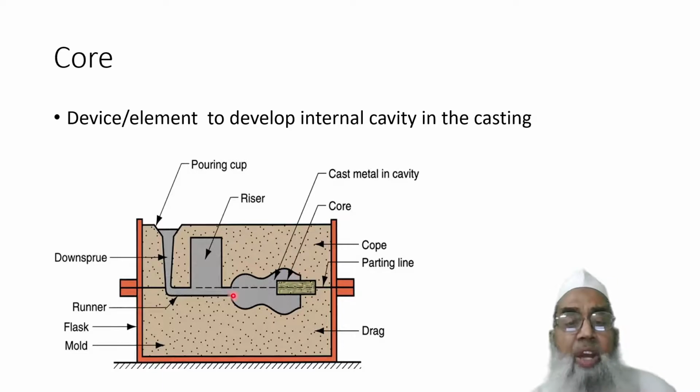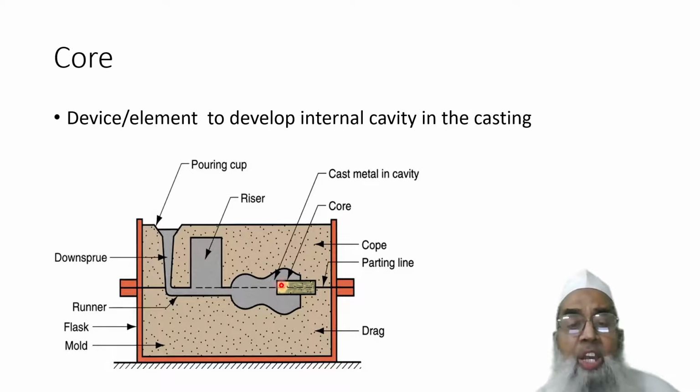In this object, in this product, we need a hole. If we do not provide any mechanism, then this will be a solid piece, and we want to have the hole. We would need to drill a hole.